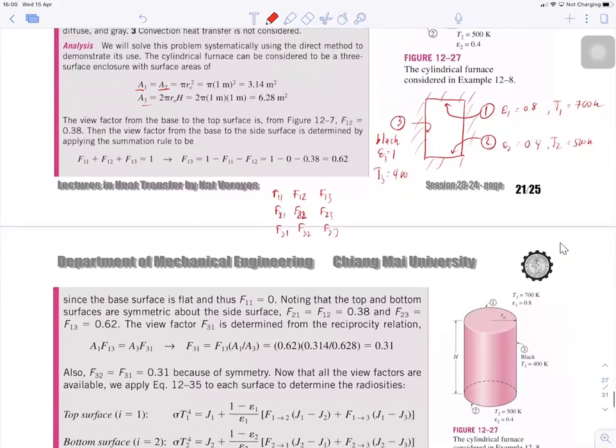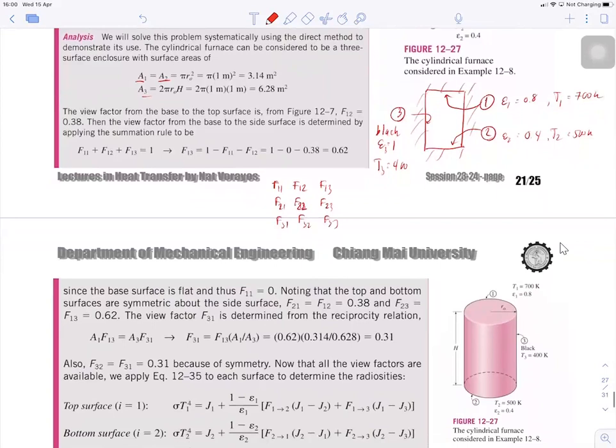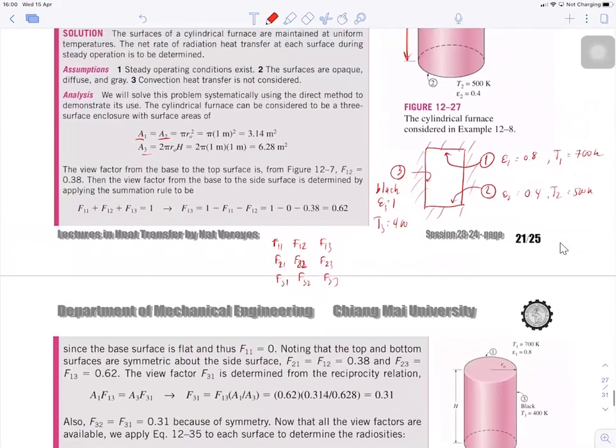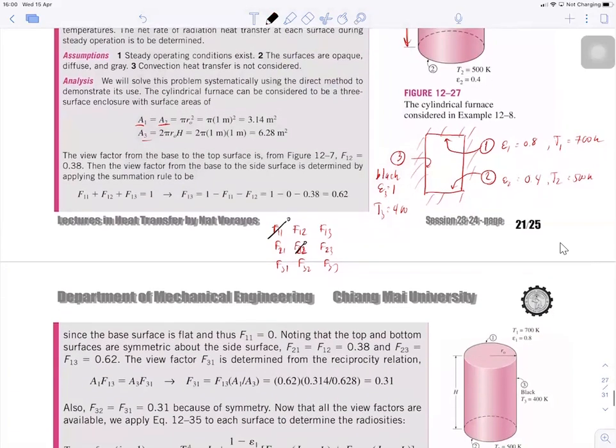Let's say you know right away that F11 and F22 are 0. Why is that? Because it's the top surface and the bottom surface. It's flat. But now F23 is not 0. That's the problem.